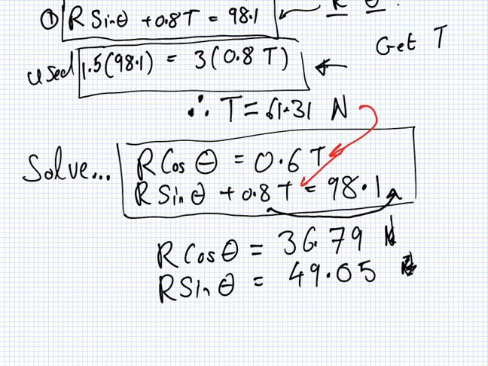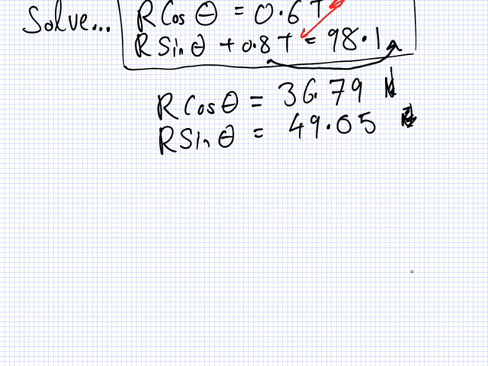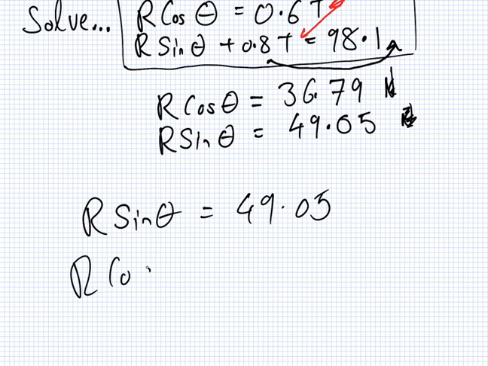Now we can't use elimination or matrix method. There's a special way to solve this type of problem. I'll show you what to do now. Can I scroll down? Okay, so we have T sine theta equals 49.05, and we have T cos theta equals 36.79.